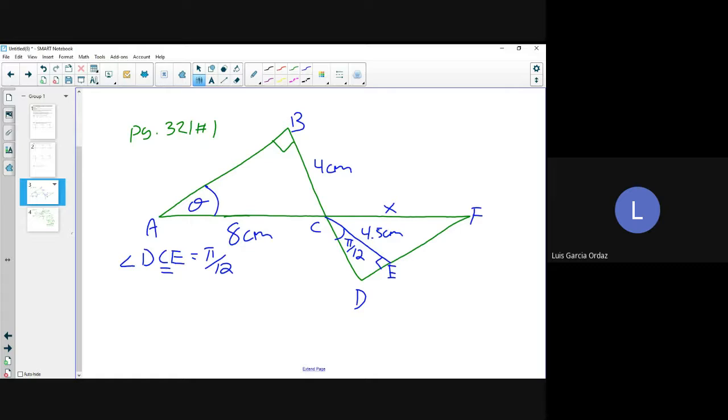So we're going to use sine, because this is our opposite side, and 8 is our hypotenuse. So we have sine theta is equal to 4 over 8, which is equal to 1 over 2. So what angle gives us a sine ratio of 1 over 2?